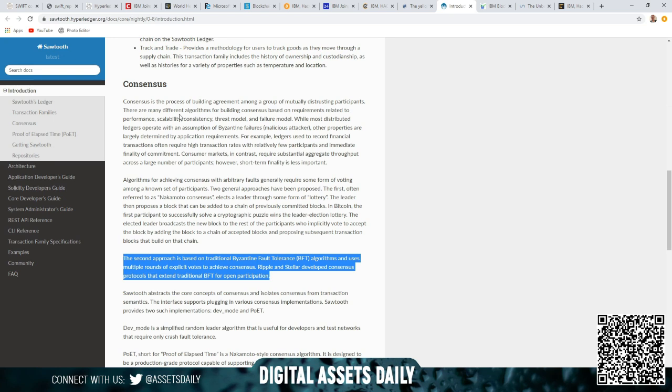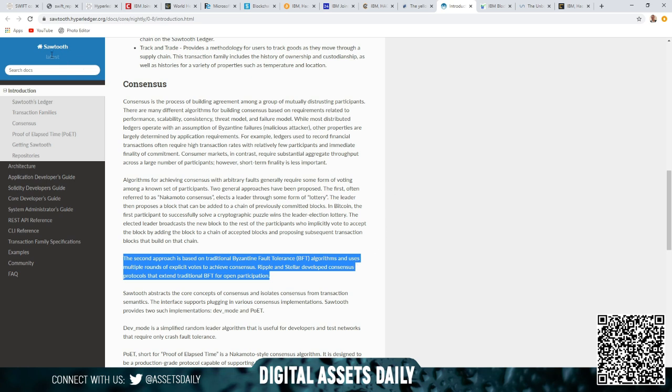Here on the Sawtooth, under consensus, the second approach is based on traditional Byzantine fault tolerance, BFT, which is a major thing for Stellar, but the algorithms use multiple rounds of explicit votes to achieve consensus. Ripple and Stellar developed consensus protocols that extend traditional BFT for open participation.